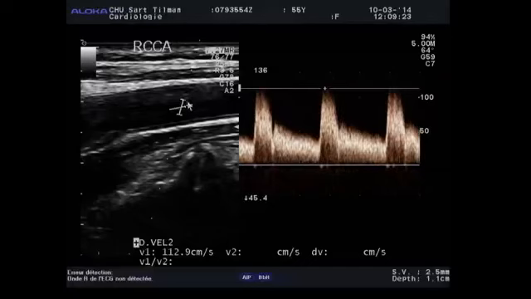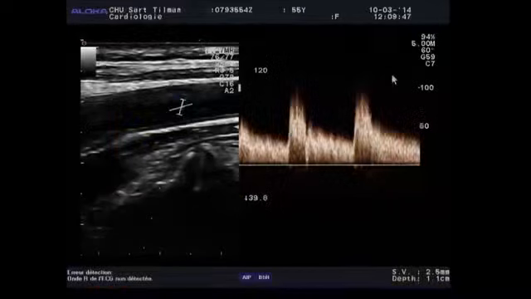I have the incident beam here in the direction of the blood flow, and I have this beam here parallel to blood flow. But the incident angle, also called theta angle, is 64 degrees. It should be less than 60 degrees, between 30 and 60 degrees. So that's it.